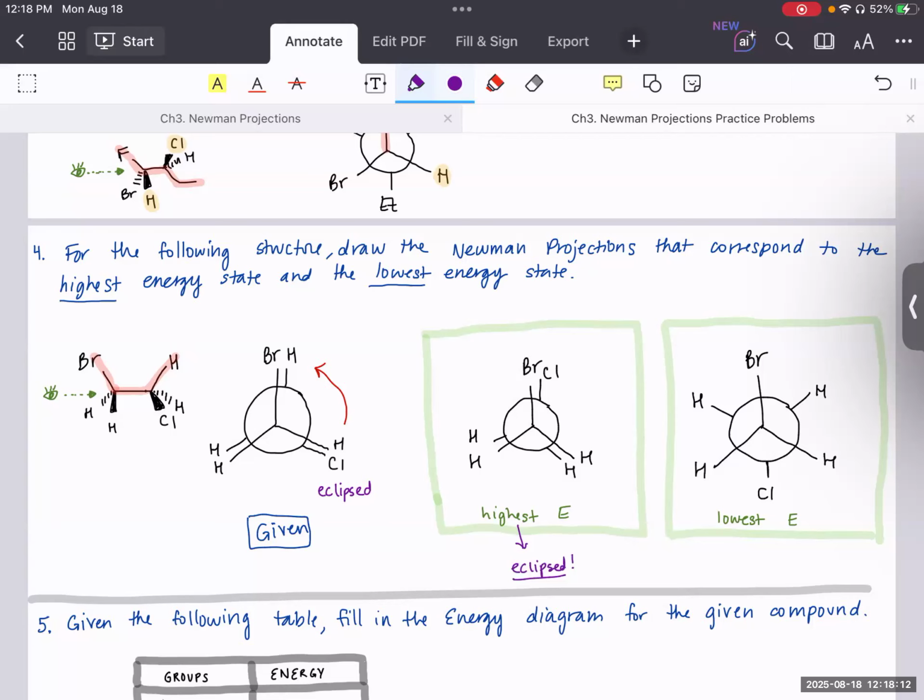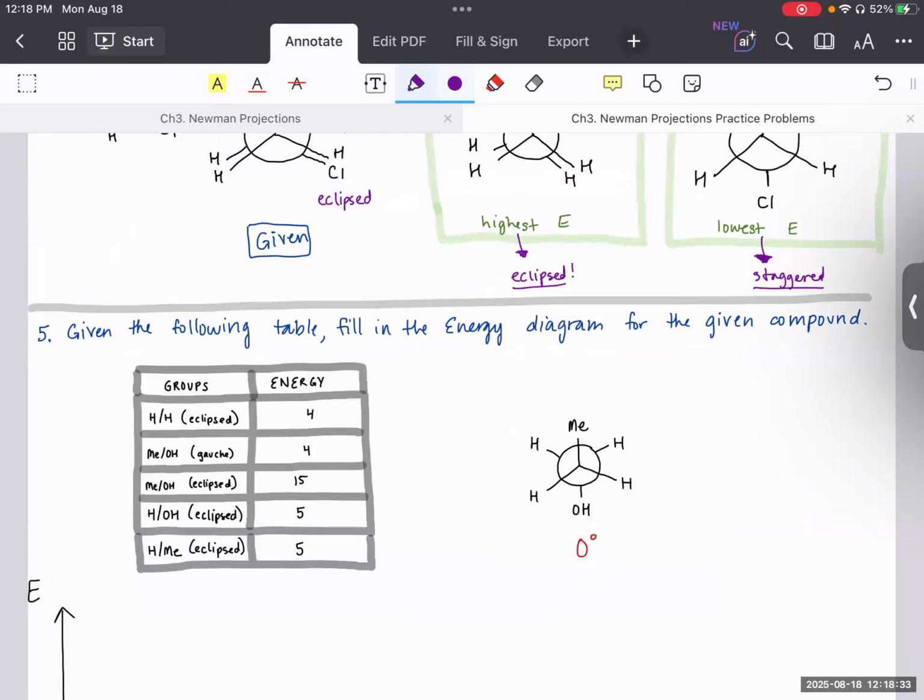And so these should be the final structures that we get. And again, whenever you're asked to draw the highest energy or the lowest energy conformers, you always want to keep in mind that the highest energy conformer is the one that's eclipsed, and the lowest energy one is the one that's staggered with the biggest groups opposite each other.